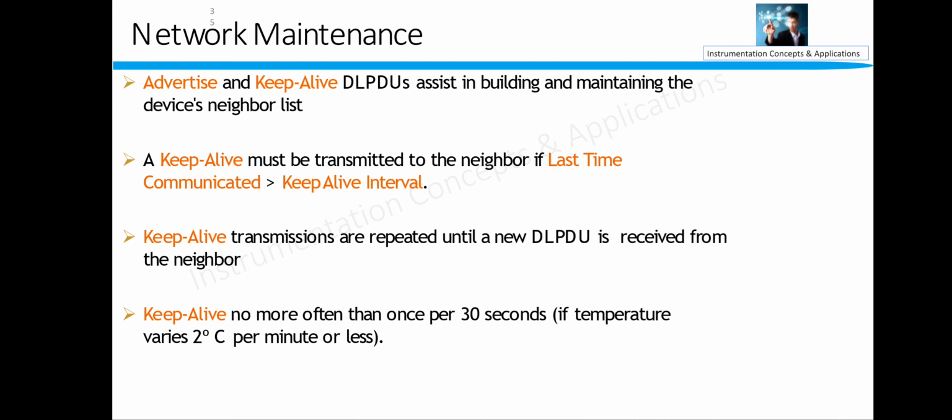And I can share some network maintenance procedures. A keep alive must be transmitted to the neighbor if the last time communicated exceeds the keep alive interval. Keep alive transmissions are repeated until a new DLPDU is received from the neighbor. Keep alive no more often than once per 30 seconds if temperature varies 2 degrees per second.